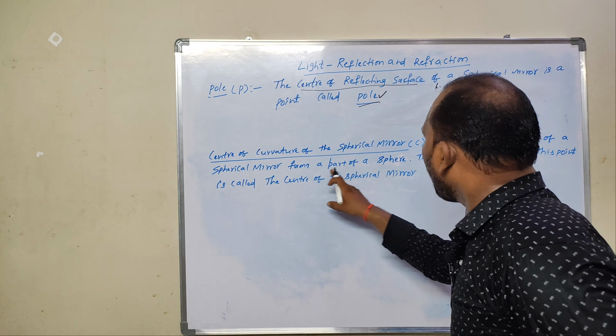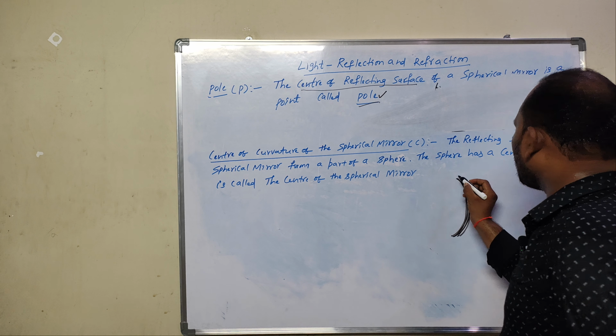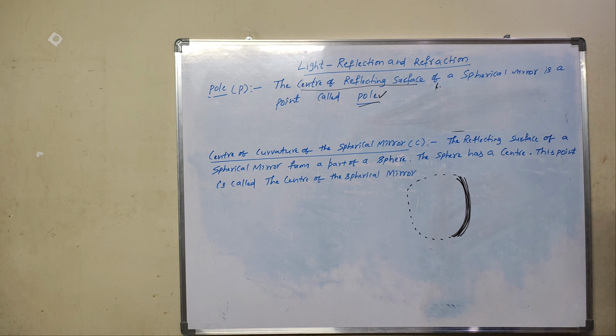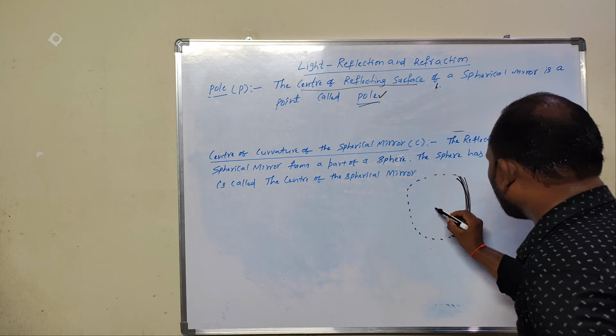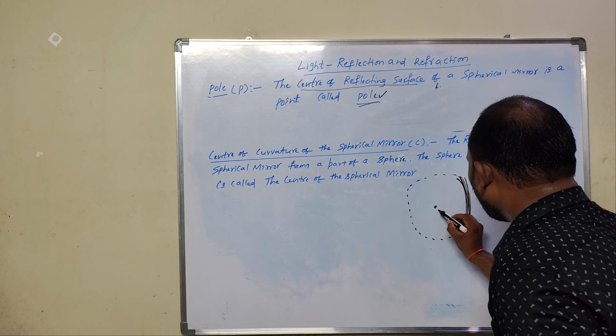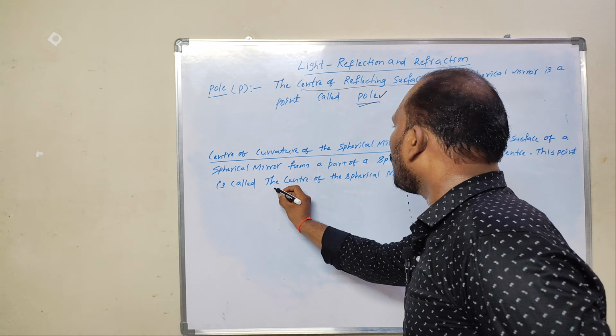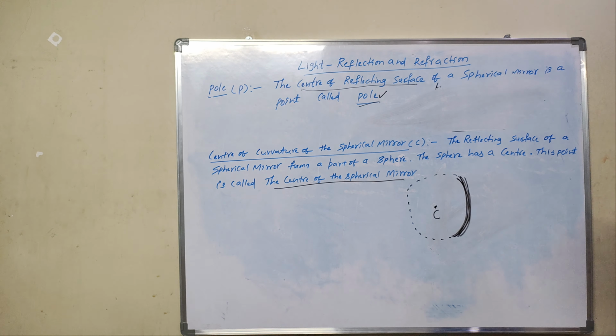That is very interesting. The sphere has a center. Let us say this is C. This point is called the center of the sphere of the spherical mirror.